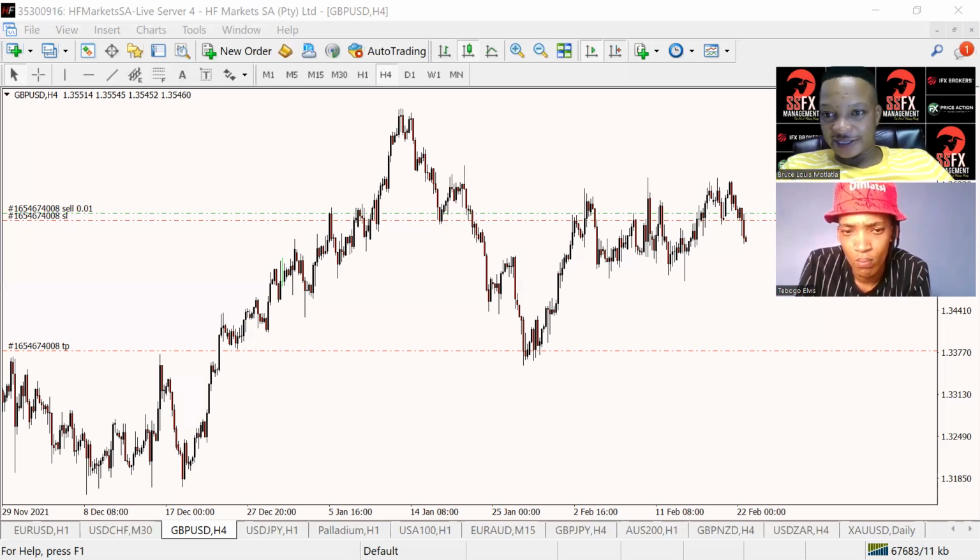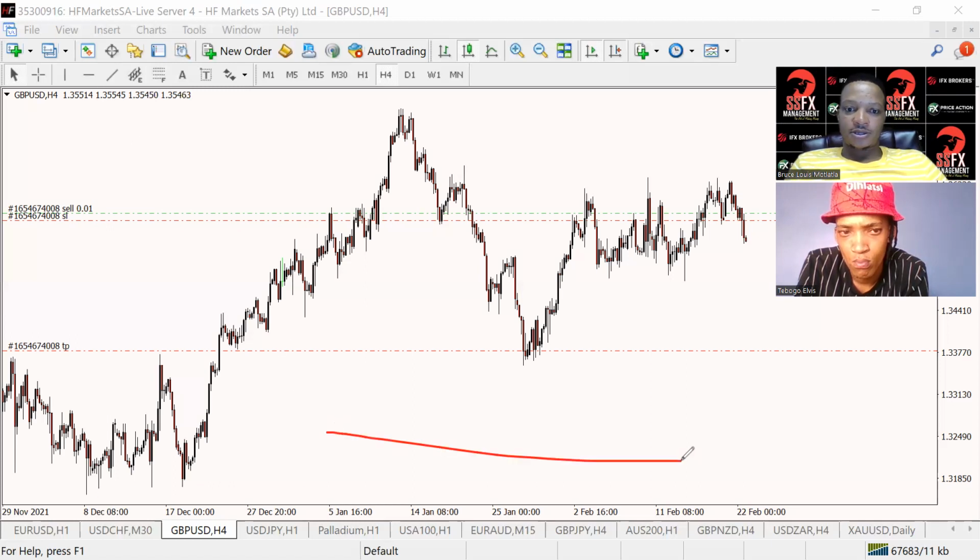Another thing you will use is the second rule. It says after every breakout, there should be a retracement. Price should retest that level before it continues going up or down. Let's say for an example, this is your resistance, price is running here.